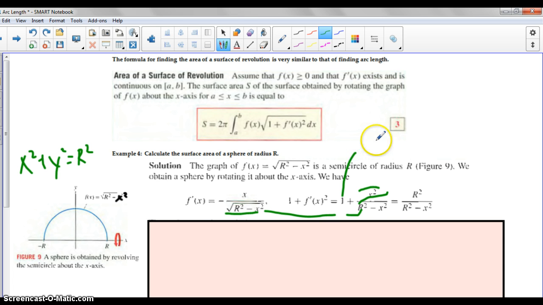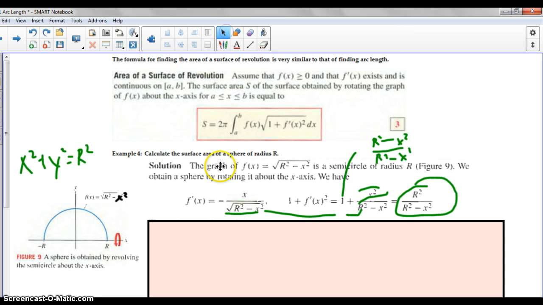We turn the 1 into r squared minus x squared over r squared minus x squared. This way there's a common denominator, and I can add that up with the second fraction. The negative x squared and positive x squared cancel out. So here's what we're going to toss under the square root.